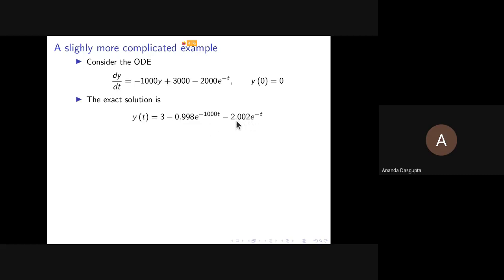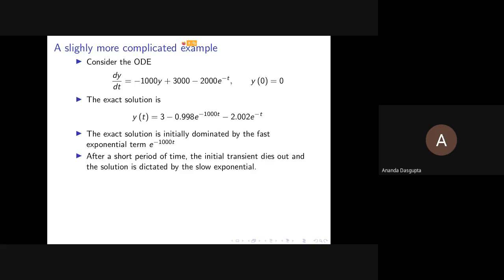And then when t is large enough, this term is going to show up and dominate the behavior. So this initial transient of e to the minus 1000 t will simply die down very rapidly, and then you have this slow exponential behavior which will ultimately cause it to steady out at 3.